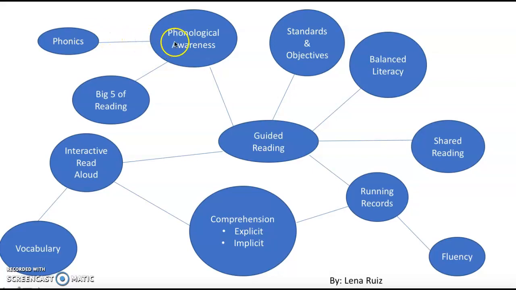Also, with phonological awareness, I did Big Five of reading directly pointing to that one because I feel the Big Five of reading is the vocabulary, the phonological awareness, the fluency, the comprehension, and the guided reading. I put it straight to phonological awareness because I feel like it is more towards phonological awareness, but it is the gist of guided reading in general as well.